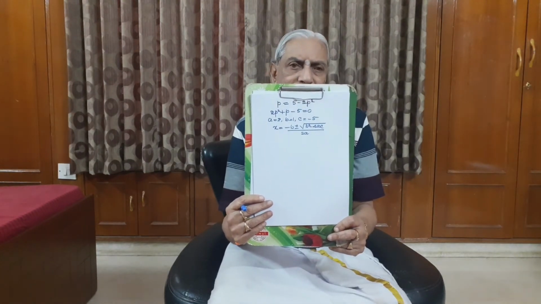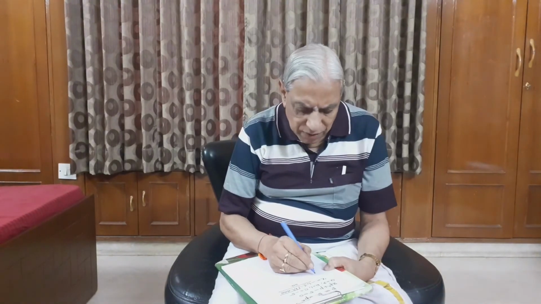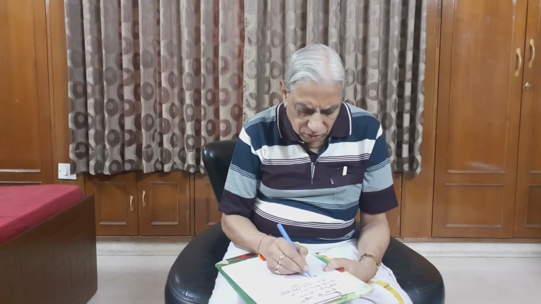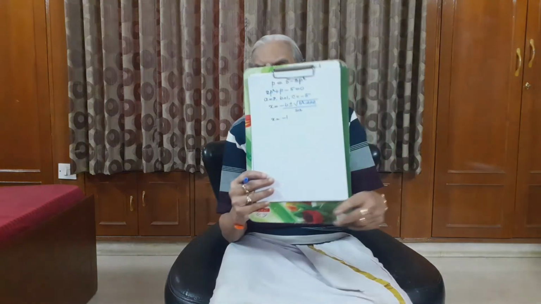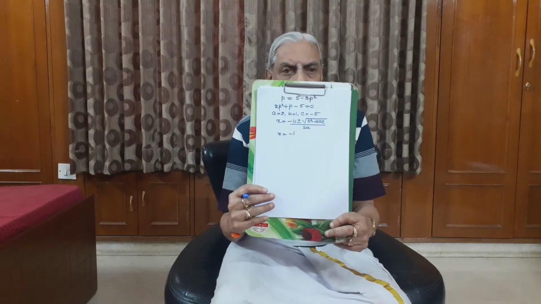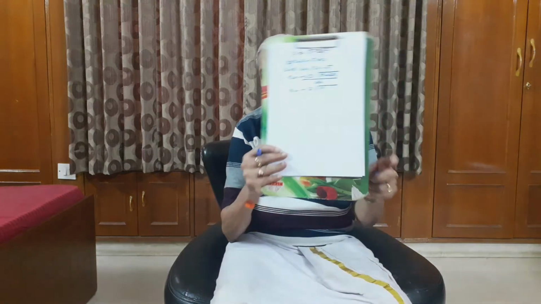What is the next step? You have to substitute for A, B and C. So X equals minus B, that is minus 1. There is no minus off here; the B value is positive. So minus 1 plus or minus square root of B squared, it is 1 squared. Instead of B, I put 1.